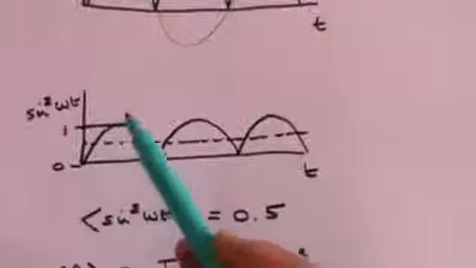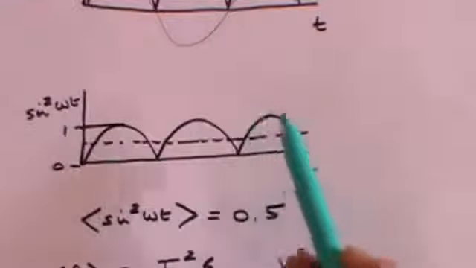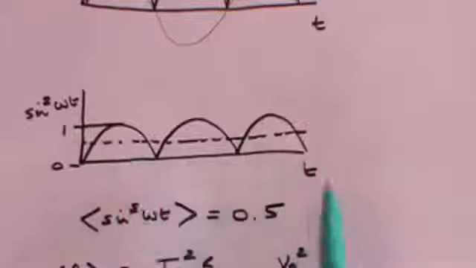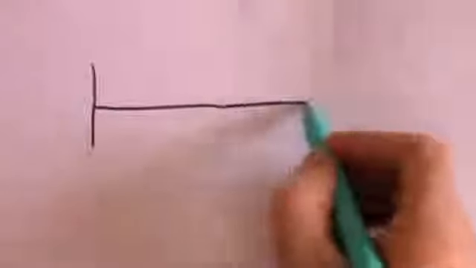So that's the average power that you get out of an alternating current circuit. The actual power is constantly varying, but on average you get half of the sine term. We now move on to the concept of the root mean square. So once again, let's look at our alternating current.